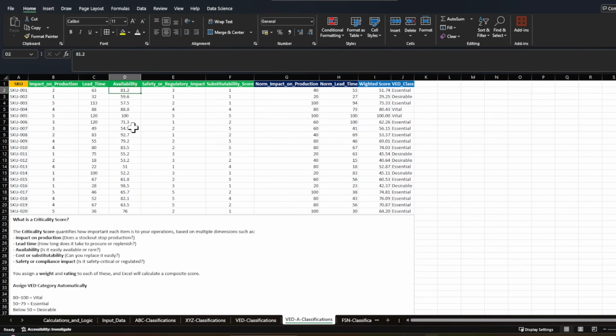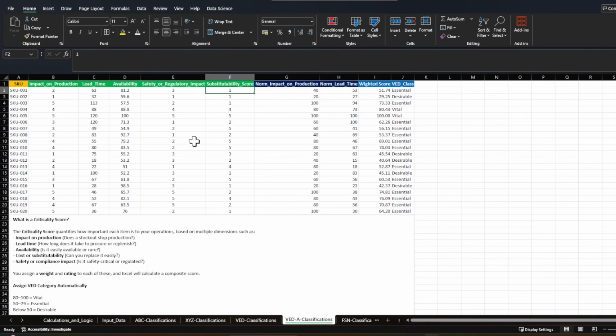If not, then OTIF, or on time availability, is something you can check and use as a proxy here. Then you have this safety or regulatory impact. Again, 5 is higher, 1 is lower. And then substitutability score, whether you can easily substitute this item or not. 1 is lower and 5 is higher.